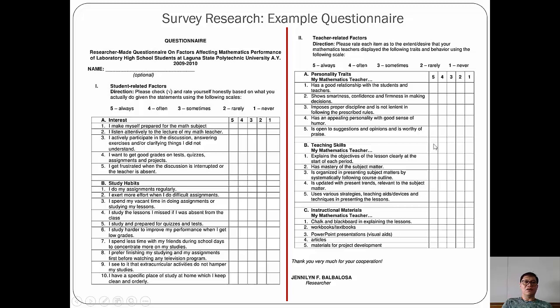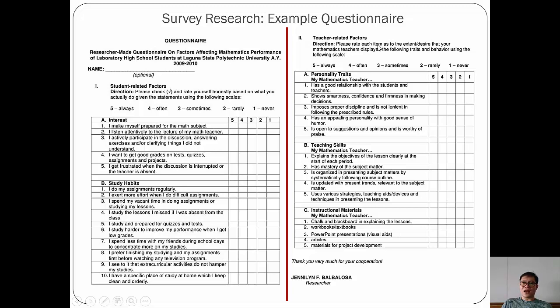Now, the second part of the questionnaire has teacher-related factors. Only teachers will answer this, not the students.